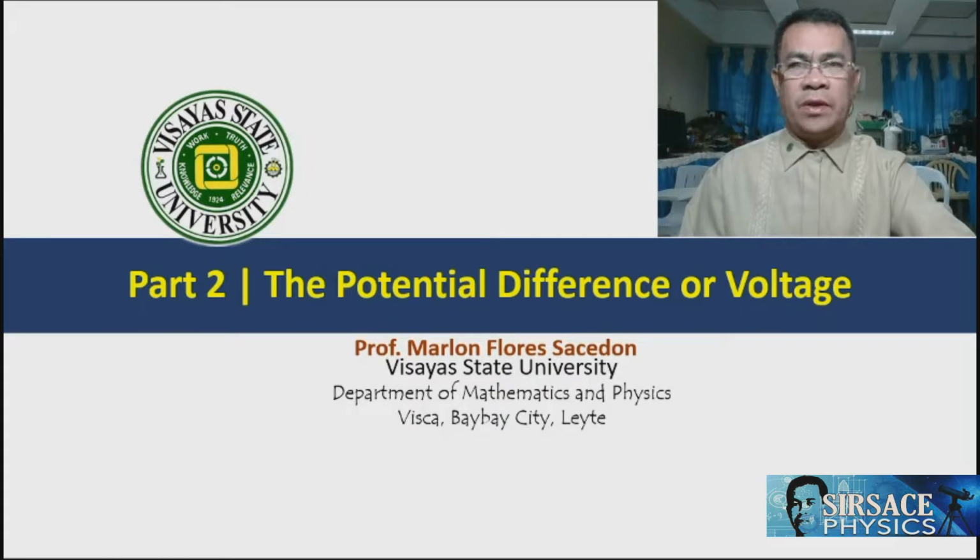So we come up with a unit of volts. Today, let us use the principle of electric potential in order to produce a potential difference known as voltage.